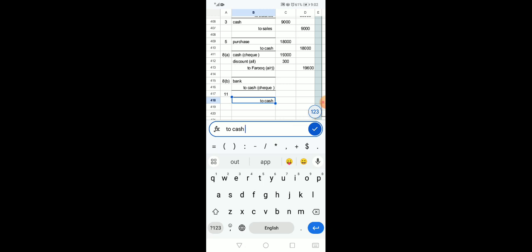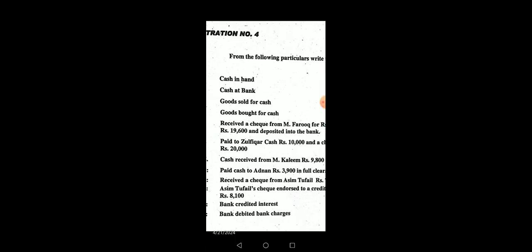To whom have you paid this cash? The person is Zulfikar. Zulfikar was the person to whom an amount was payable, and since you have now paid the amount, he was your accounts payable, your liability. But now you have paid him in the form of cash, so your liability has decreased.